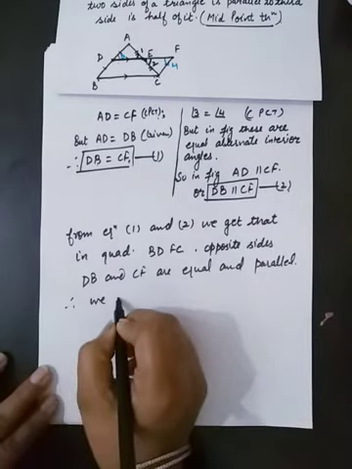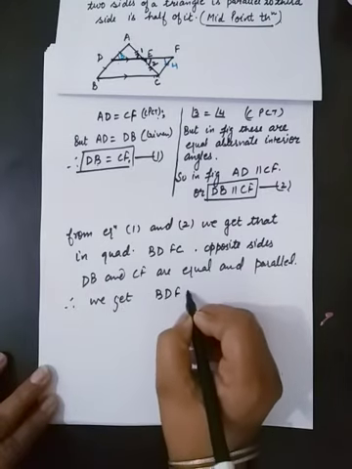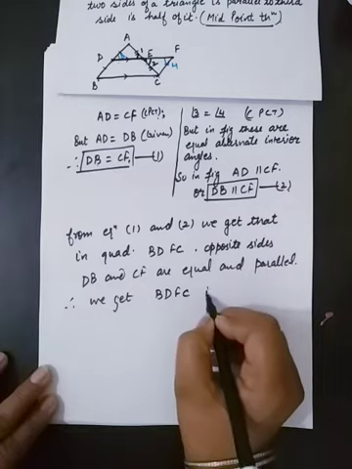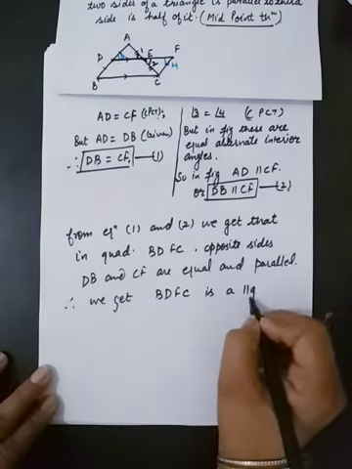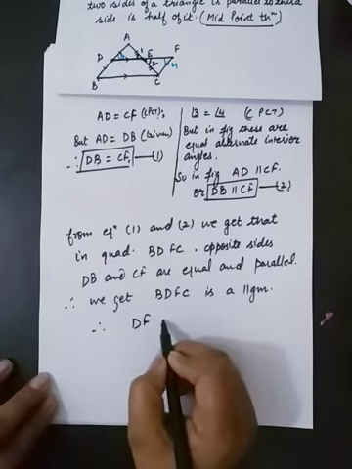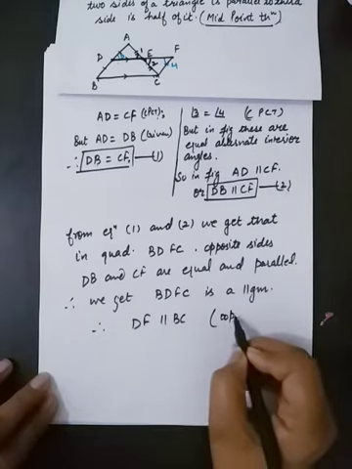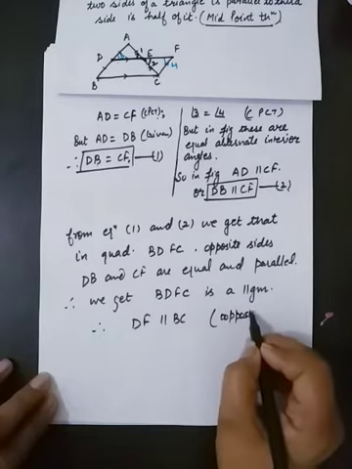Therefore, we get BDFC is a parallelogram. So therefore, DF will be parallel to BC, opposite sides of a parallelogram.